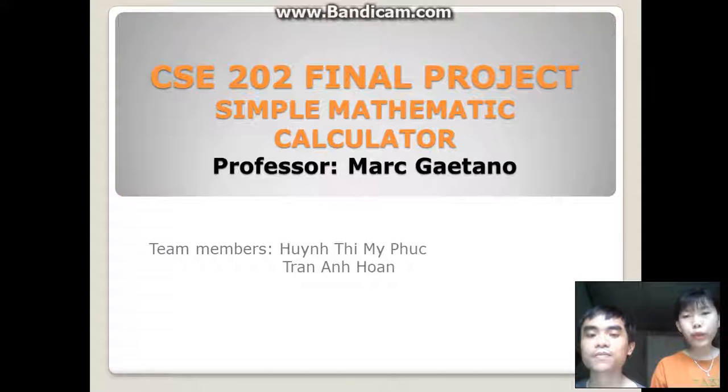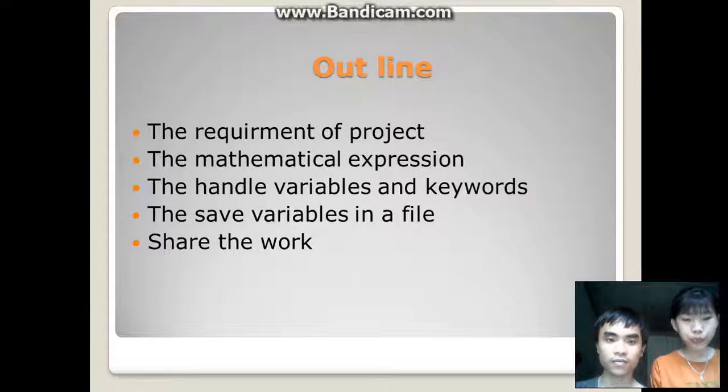Today my team will present our final project, a simple mathematical calculator. The project includes six functionalities: managing precision, using variables, managing errors, keeping track of the last value, and storing variables.